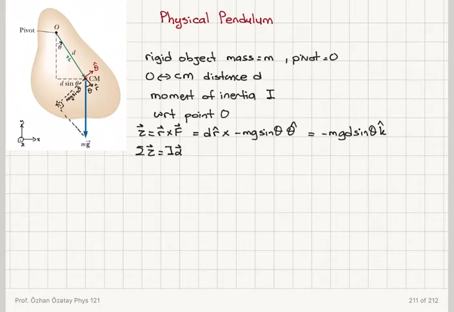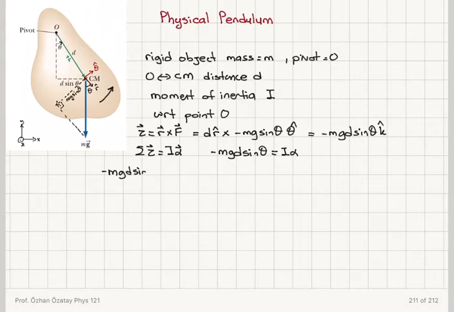Okay, and I'm going to have the net torque equal to moment of inertia times alpha. That's Newton's second law, rotational form. So minus mgd sine theta is equal to I alpha, because the rotation convention that I have drawn here is in this direction.